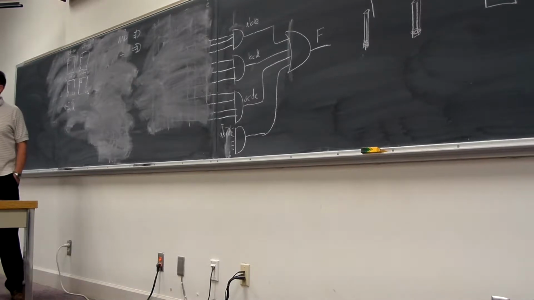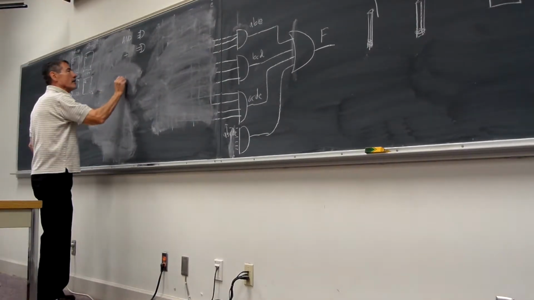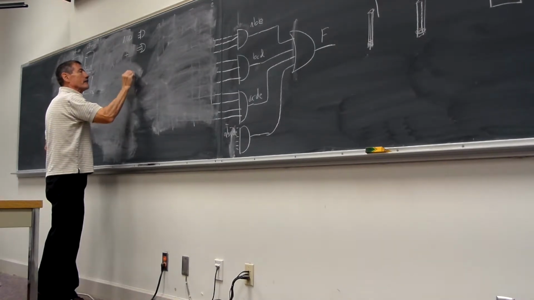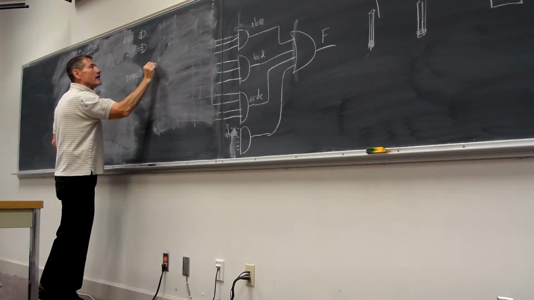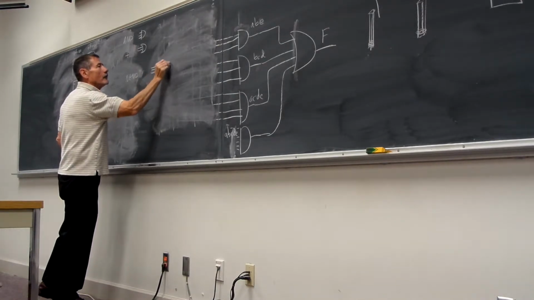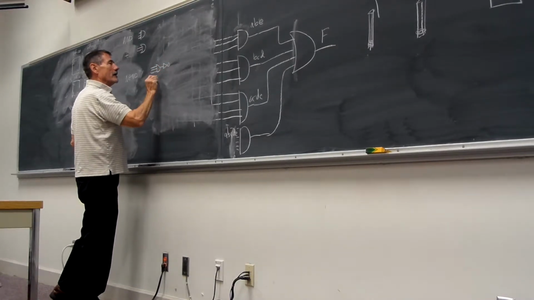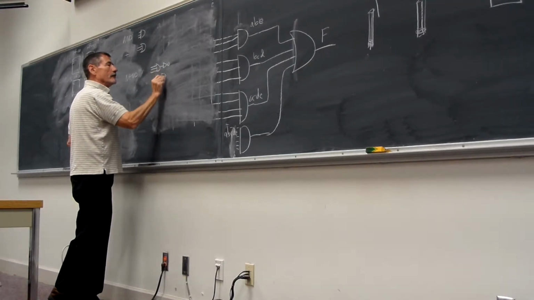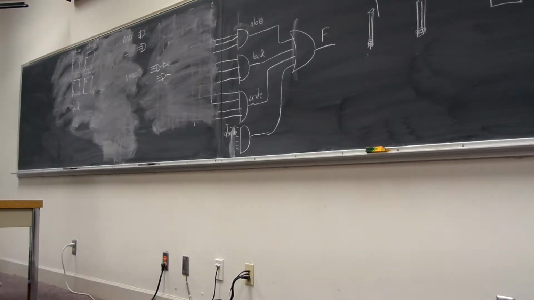If I negate the whole mess, so I come up with a NAND, that would be an AND gate followed by an inverter. And another way of doing this is to put a circle at the output of the AND gate.